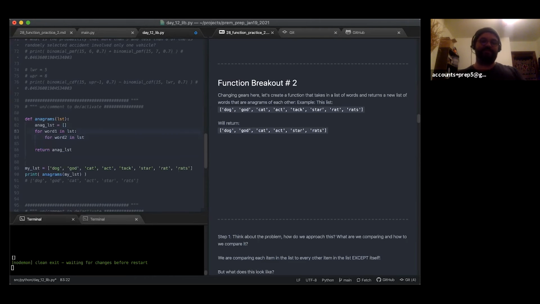So we have two pretty similar loops. We're just naming the identifier differently in each case, but we're iterating through the same thing. This feels weird, but it's totally legal to do. It's fine to do in Python.